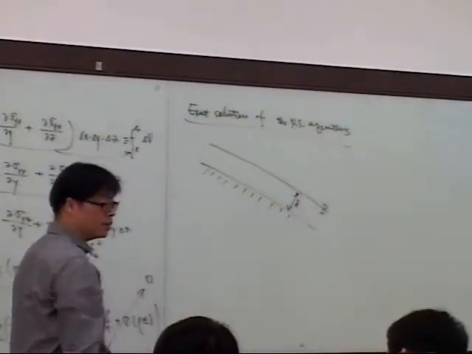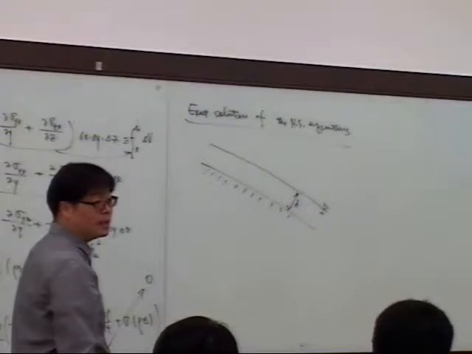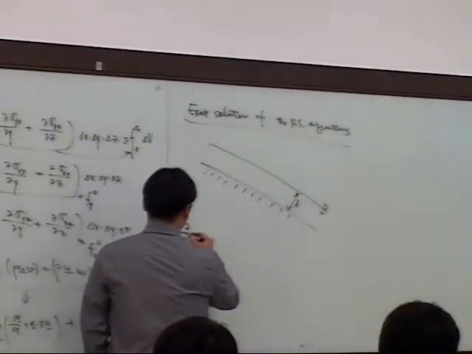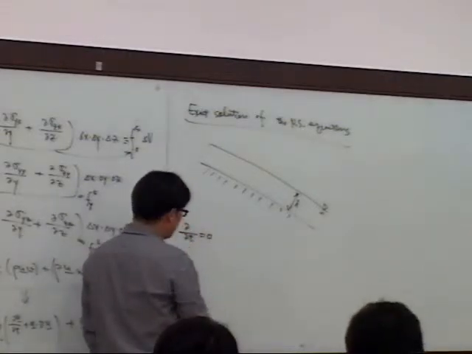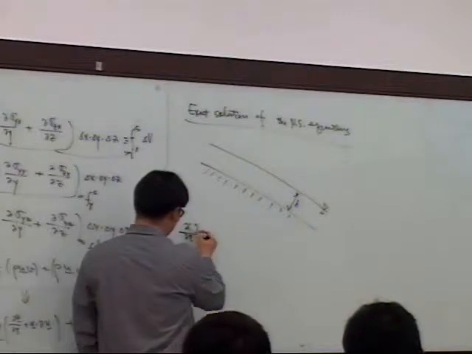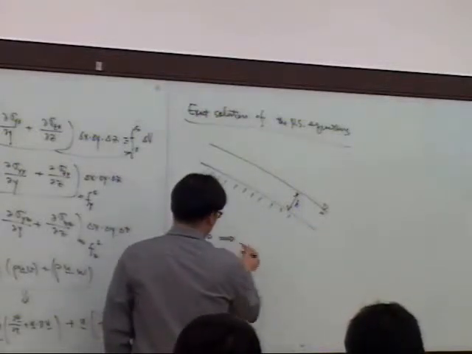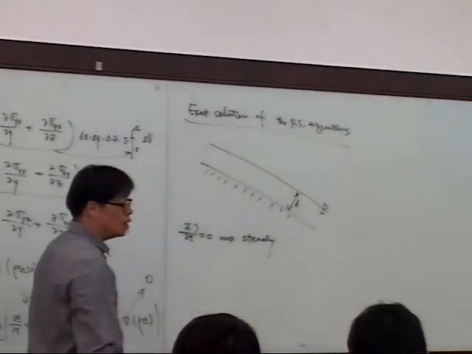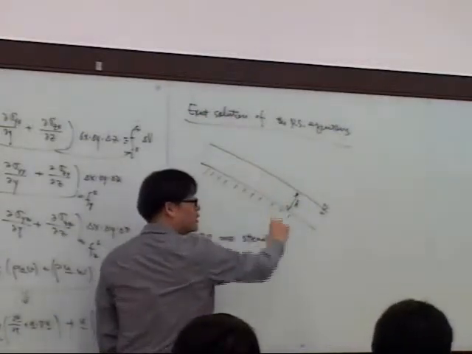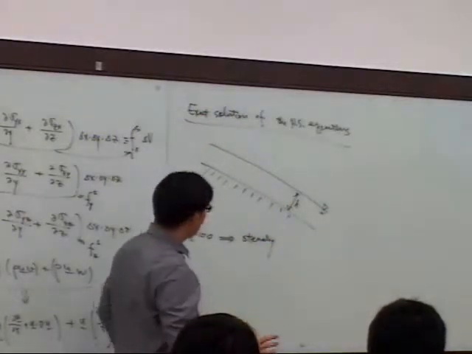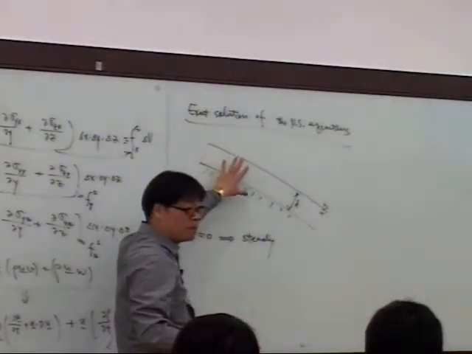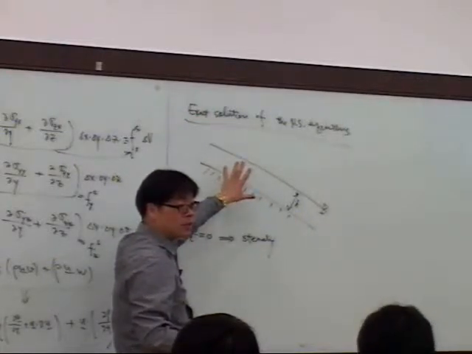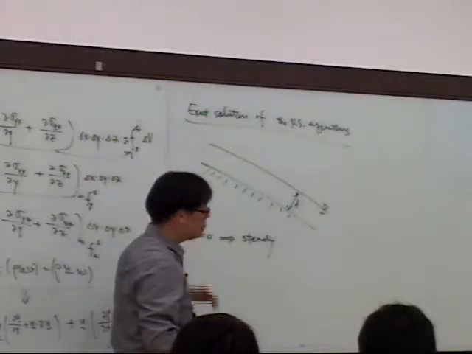Probably you have seen such an example in reality many times. To make the problem simple, we assume d dt is equal to 0. The partial time derivative is 0, meaning that the flow is steady, as we discussed. Fluid particles move, but it's steady, meaning that you see the same shape and the velocity every time. That's what steady means.